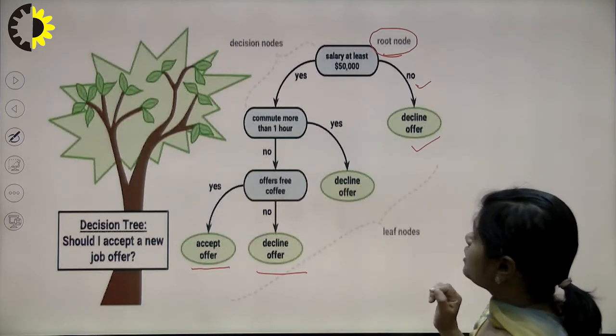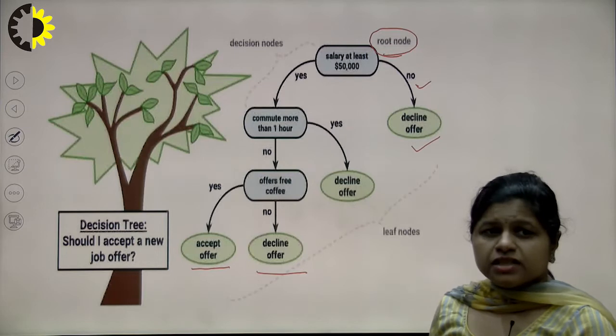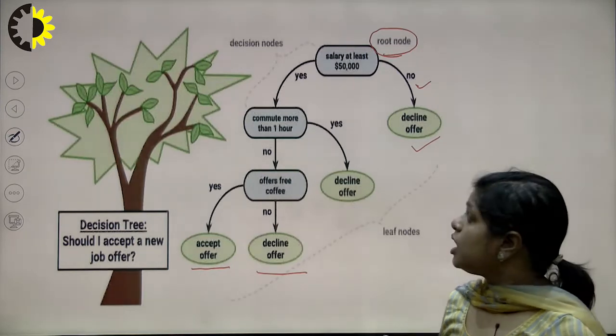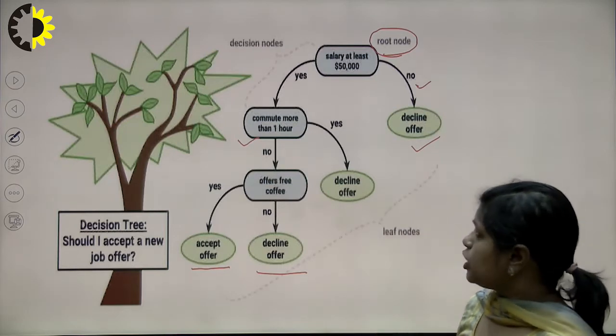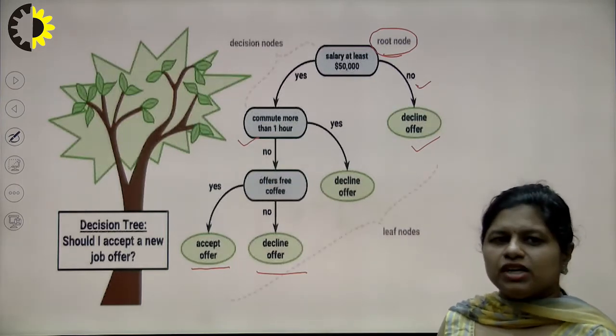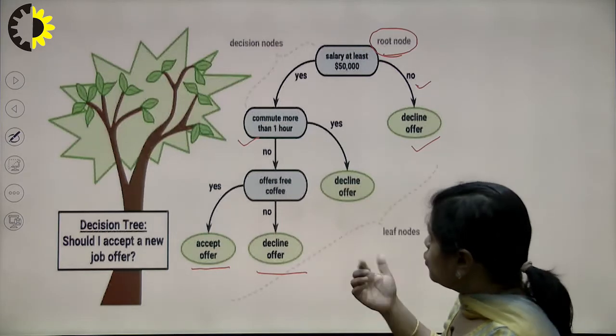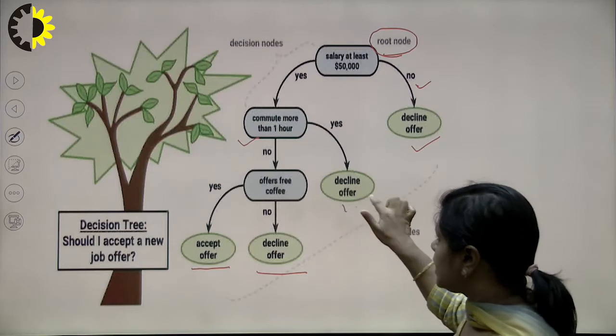But if the salary is greater than $50,000, then the person looks at the other attribute, the other condition: is the commute to the office more than 1 hour or less than 1 hour? If it takes more than 1 hour, then the person declines the offer.